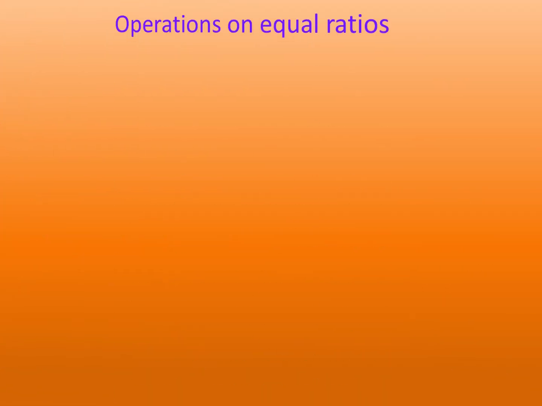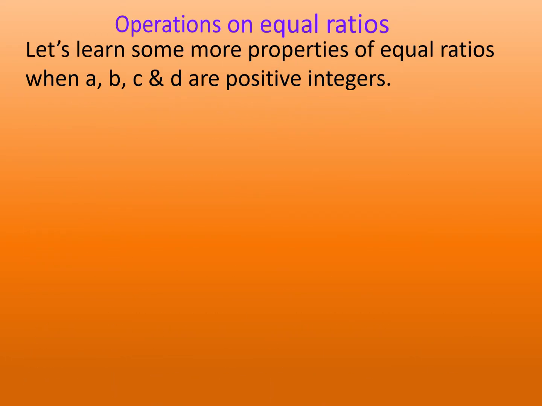Let's learn some more operational properties on equal ratios, when a, b, c and d are positive integers. That means a, b, c and d are given to you. First one is invertendo.